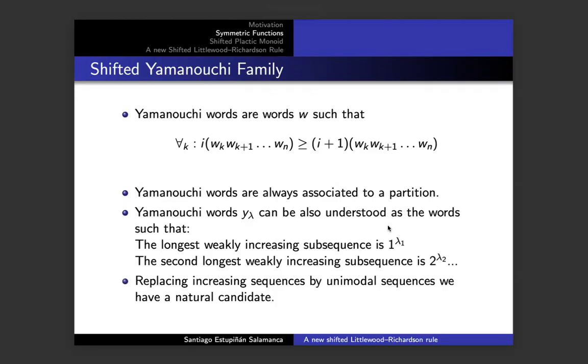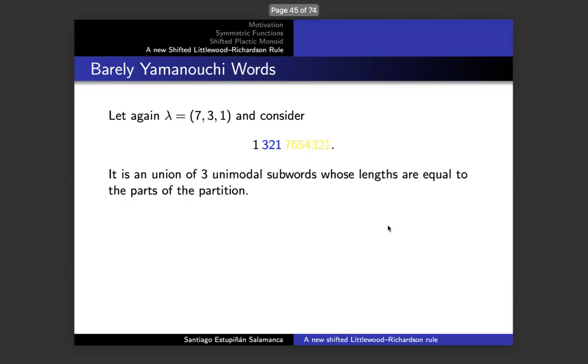And so if I want a similar description this time for the shifted setting, then I want to replace increasing sequences by unimodal sequences. And this gives me a natural candidate for this context. And so I consider this family of words, a concatenation of decreasing sequences. Decreasing sequences are an example of unimodal sequences. A unimodal sequence is a strictly decreasing sequence and then weakly increasing.